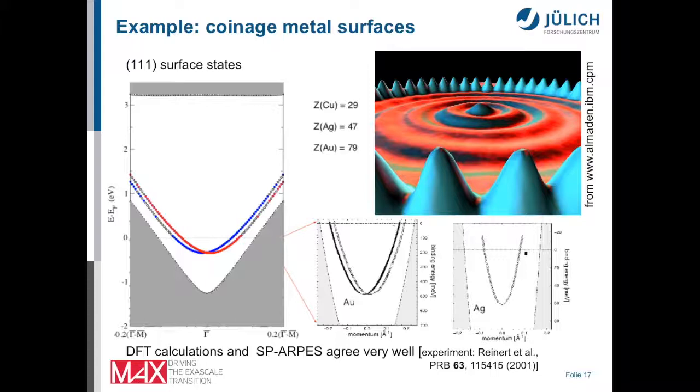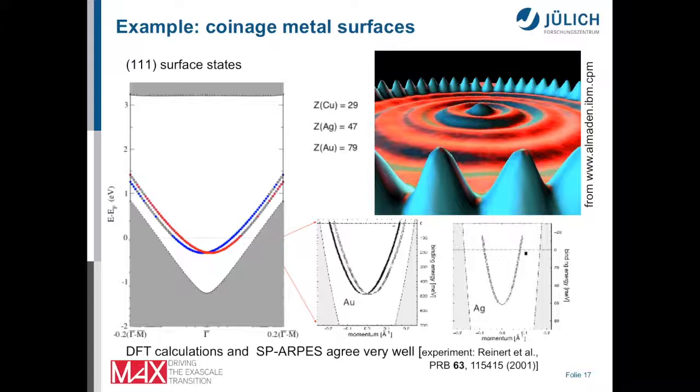And there you have surface states which behave almost free electron-like. Maybe you have seen this picture from IBM, where they confined this surface state in a quantum corral. And their dispersion, this is really parabolic.